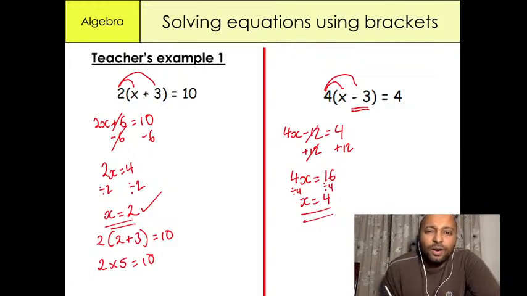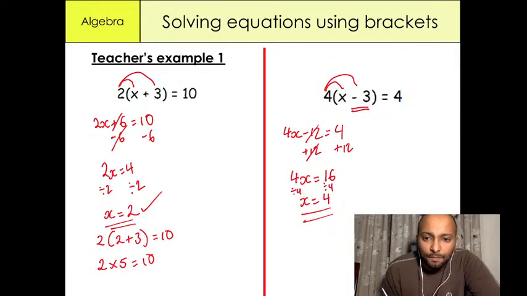So the crucial bit is to expand the brackets, okay? It's very simple and involves 2 steps. So 4 times x, which is 4x, 4 times negative 3, which is minus 12, equals 4. And we want to ensure that this side is equal to 0. The way we did that is by adding 12 to both sides.